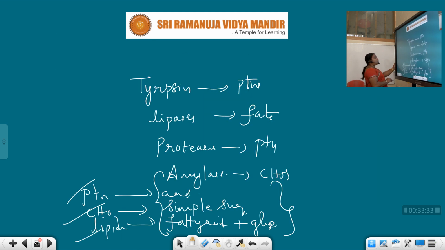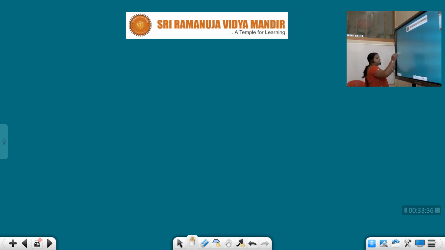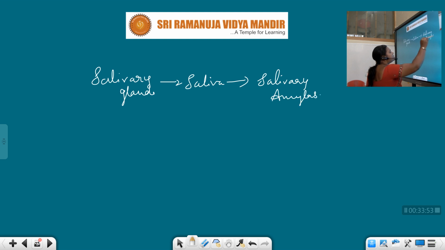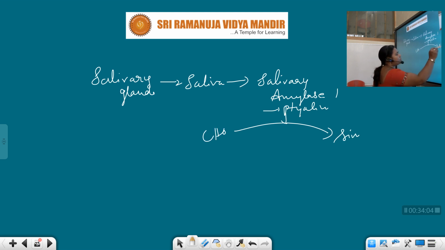These salivary glands secrete, children, saliva. And this saliva has salivary amylase, also known as ptyalin. This salivary amylase helps in the conversion of carbohydrates into simple sugars.